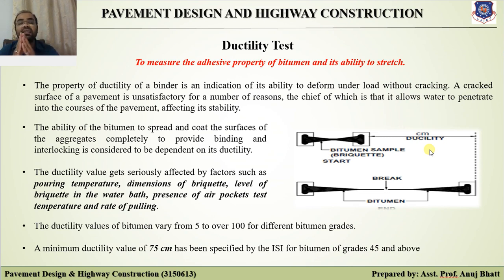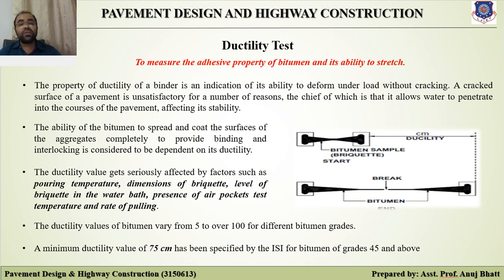A minimum ductility value of 75 cm has been specified by the ISI for bitumen of grade 45 and above, which is obtained from sources other than Assam Petroleum. The minimum ductility value may be 50 cm for bitumen of grade S35.